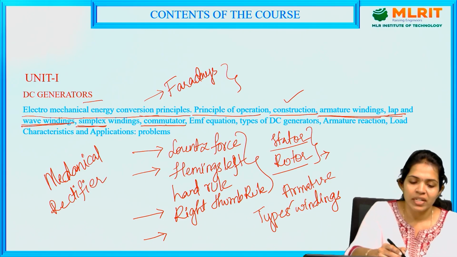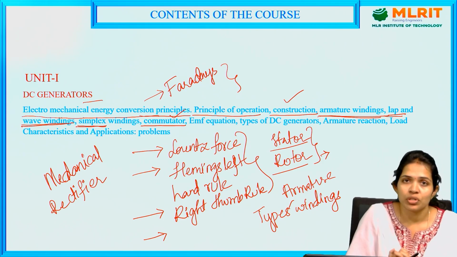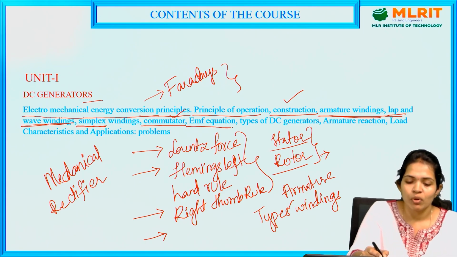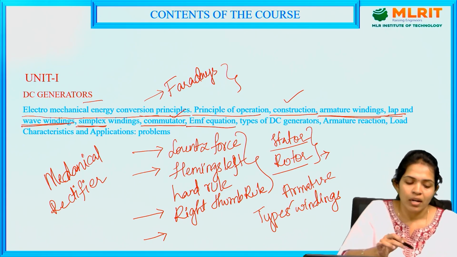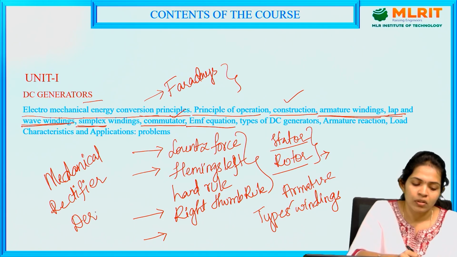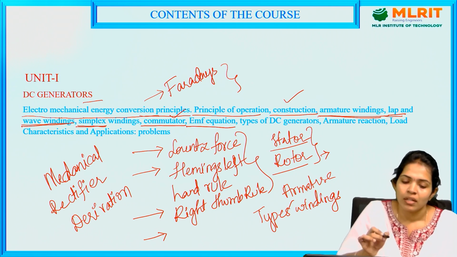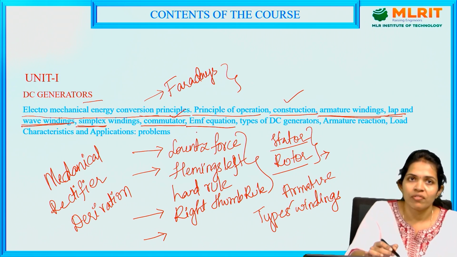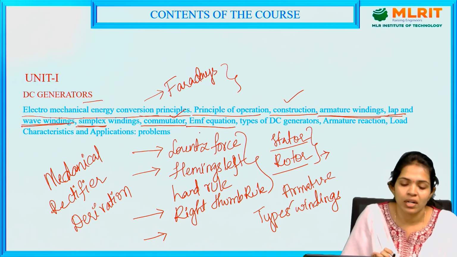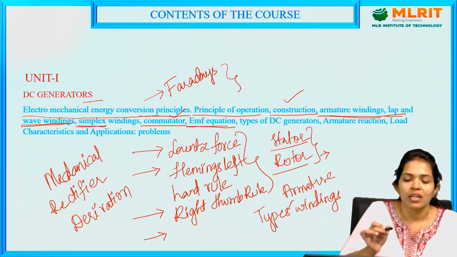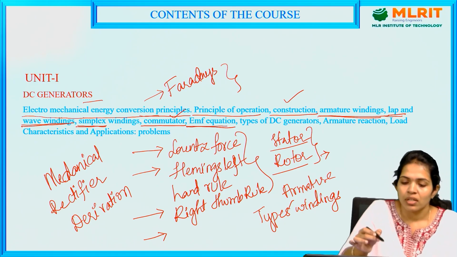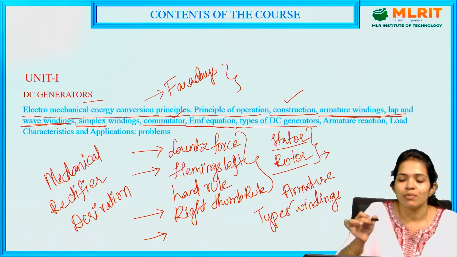We will study the commutator and the commutation action, and how it happens in the armature of the DC generator. Then we will study the EMF equation of the generator and its derivation, and the various factors upon which the induced EMF in the DC generator depends will be clearly stated there. Then we will study the various types of DC generators.